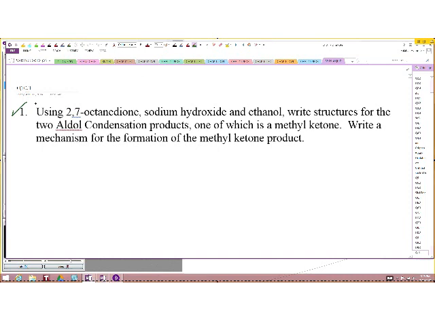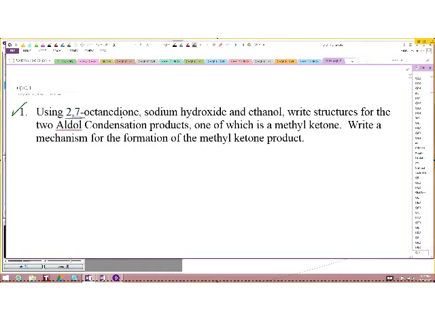There's an oxime that sodium hydroxide and ethanol, right substance for the 2 Aldol condensation products, one of which is methyl ketone. Write a mechanism for the formation of methyl ketone products.